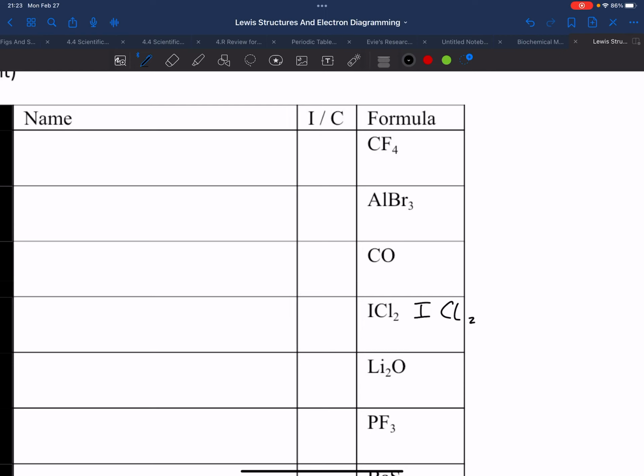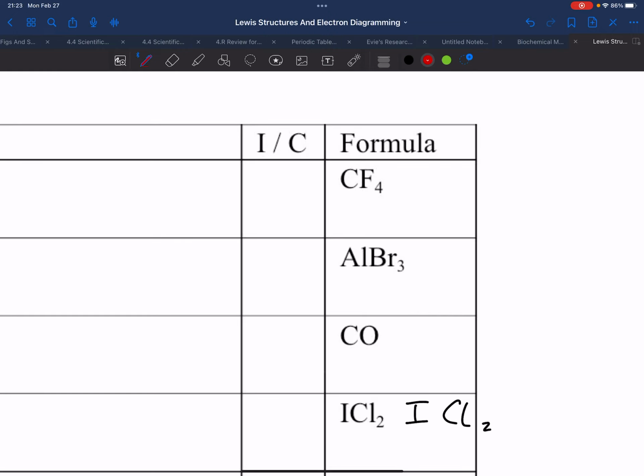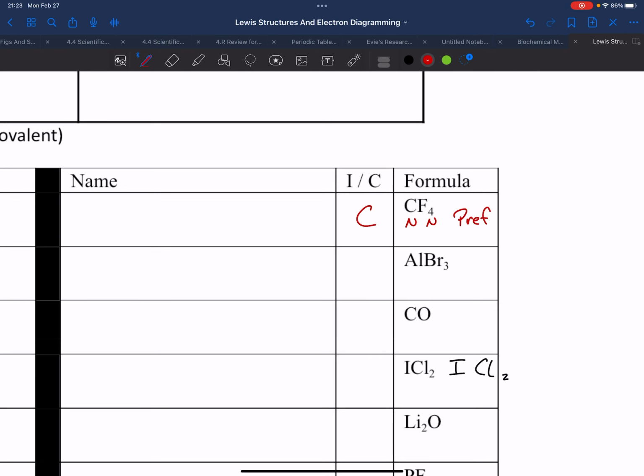Anyway, first thing you need to do is determine whether it is a metal nonmetal or nonmetal nonmetal, right? So since carbon is a nonmetal, fluoride is a nonmetal, this is going to be covalent. Since it's covalent, I need to use my prefixes.